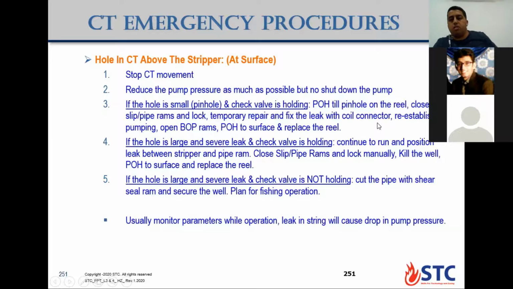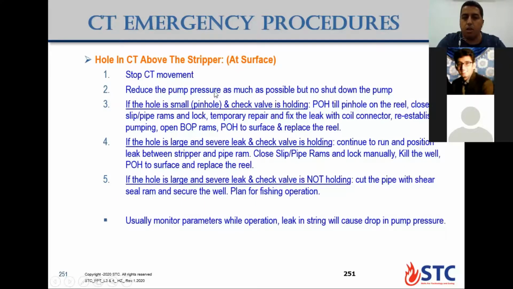This is only to continue pulling out of hole, not to continue operations; it is just to pull out the remaining coil tubing. Reestablish pumping again, open the BOP, pull out of the hole to surface, replace the reel with a new one and make an inspection of the old one.